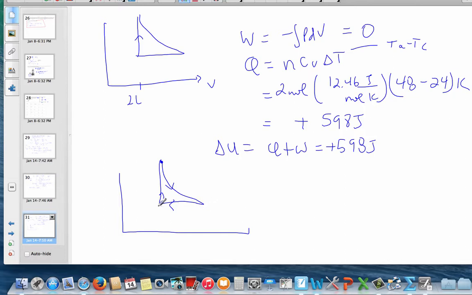Here we lost 598 joules of internal energy. Here we gained 598 joules of internal energy. So overall, there's no change in internal energy for the process. And that makes sense because you're ending up at the same point, you're ending up at the same temperature that you started off at. Now, what about work done?